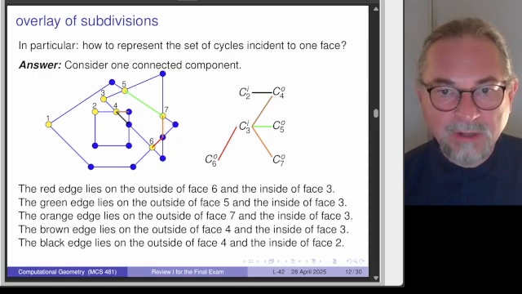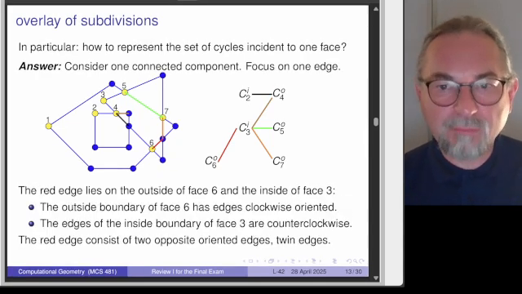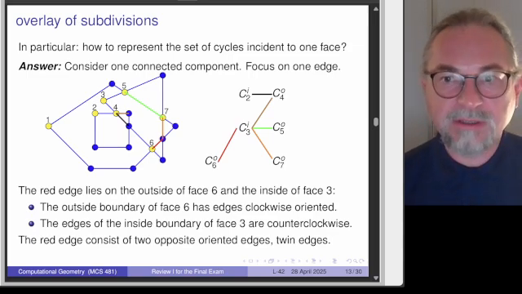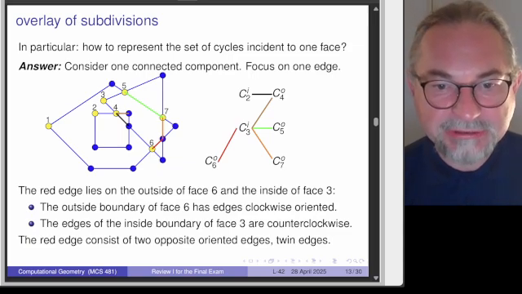So this is how one should interpret this set of cycles and how they are connected. More in particular, how is this represented by a doubly connected edge list?